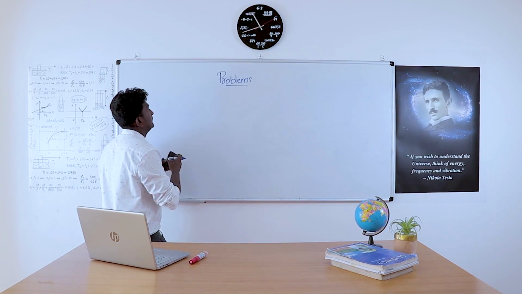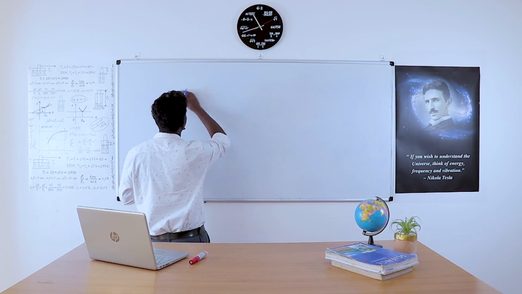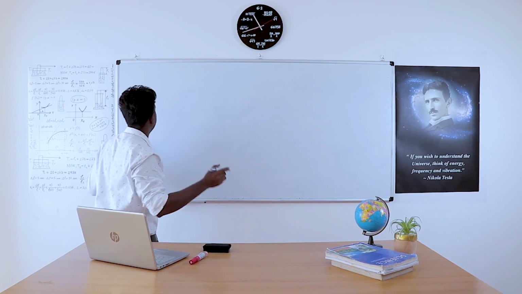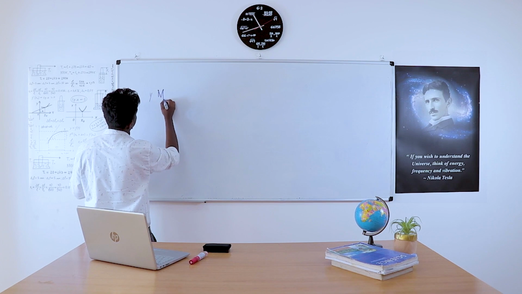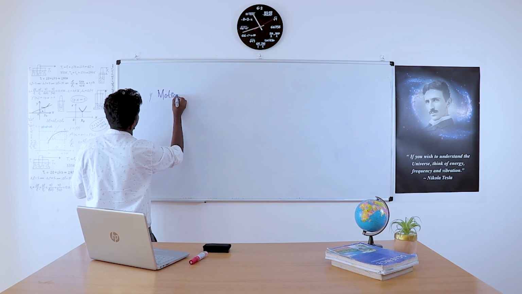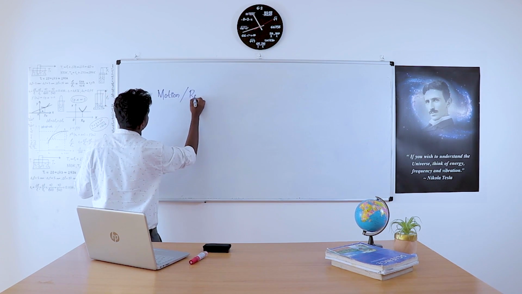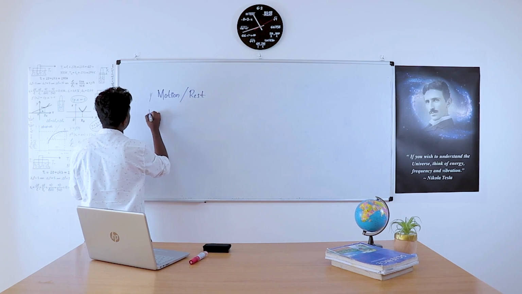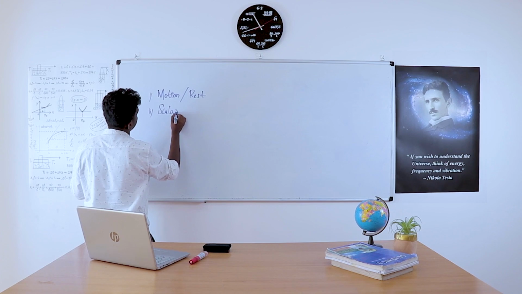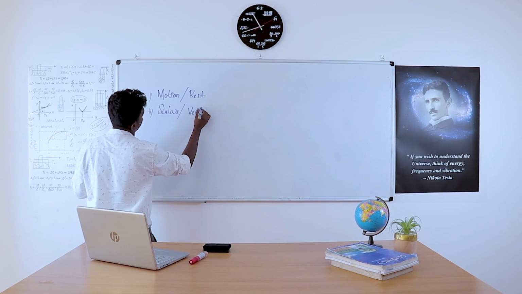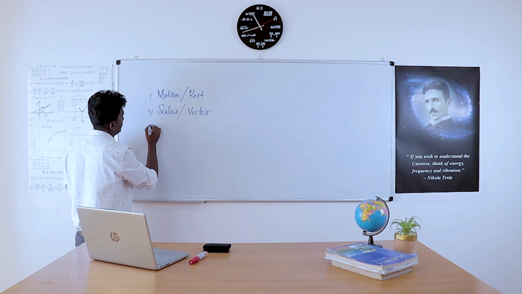Therefore, in this chapter, motion, the important topics we explained are: first one is motion and rest, that is the concept of motion and the concept of rest. Second one is scalar quantities and vector quantities.